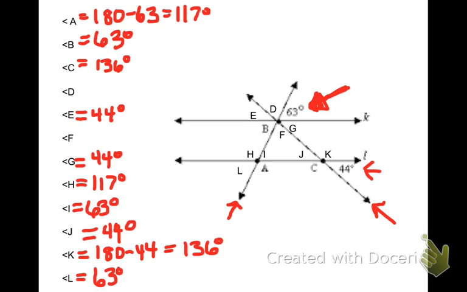So I could take 180 minus 44 minus 63 to find D. And I find that angle D is equal to 73 degrees. If angle D is equal to 73 degrees, then angle F is equal to 73 degrees because those two angles are vertical angles.